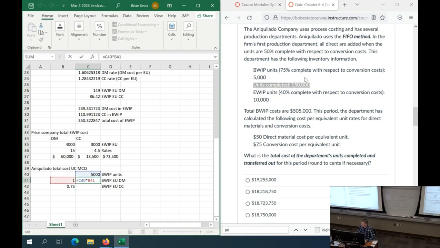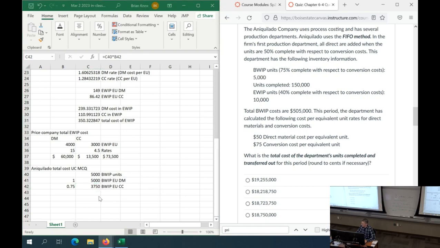All right, so since they're past the 50% threshold, these 5,000 units are 100% complete with respect to direct materials. And we can use the conversion cost percent complete right here, 75% complete. So there are 3,750 equivalent units in beginning WIP for conversion costs. I don't need to do ending WIP equivalent units because I was already given the rate.